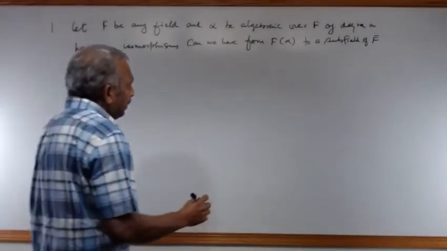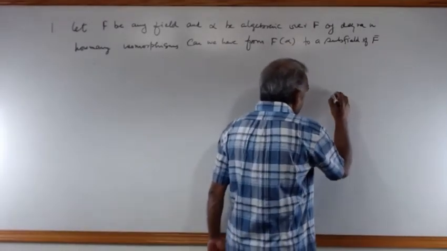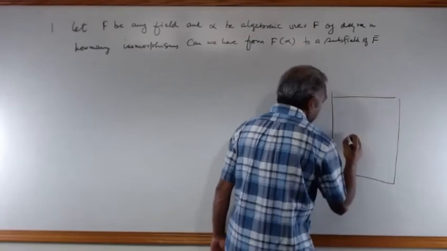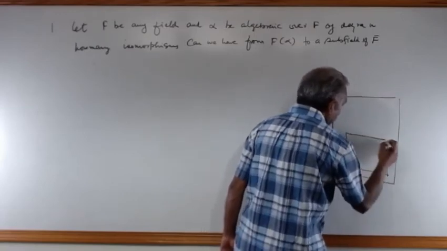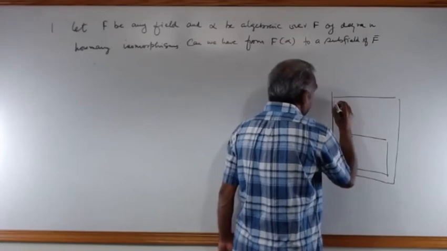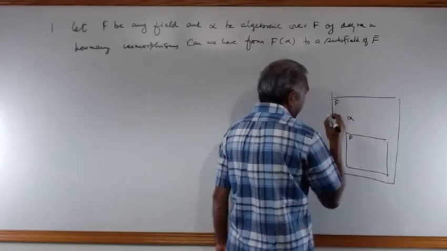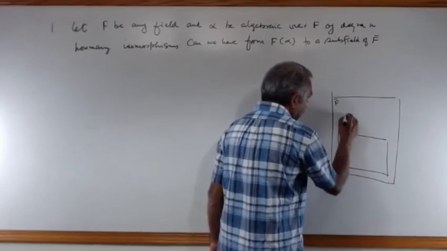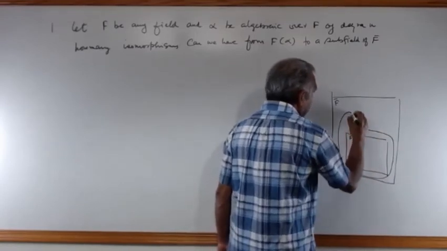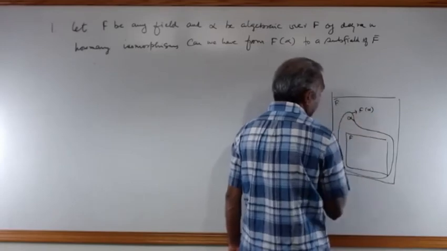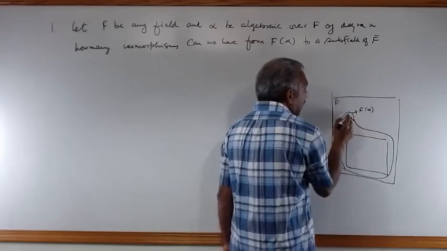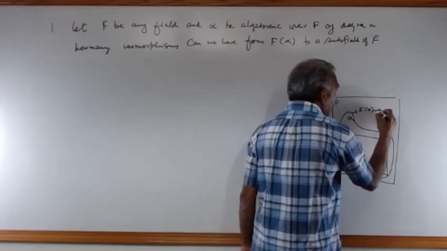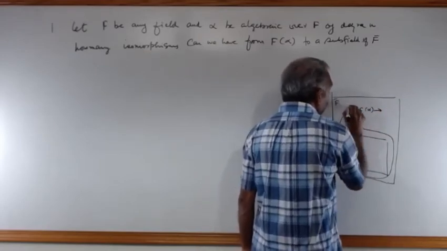F can be any field. Like this is our F and this is our F closure, and there is an alpha here. It is algebraic over F of degree n. So this is our F alpha. So I am trying to define isomorphisms from F alpha to a subfield of F closure.